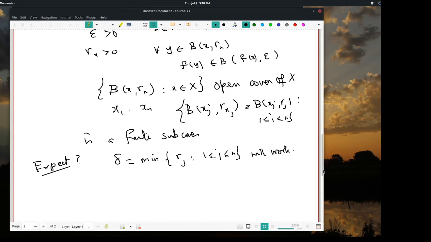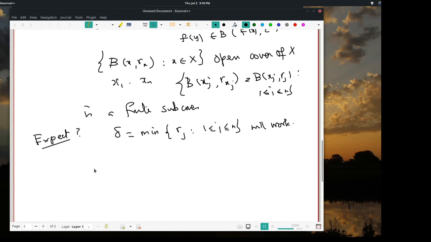This is what we wanted, but unfortunately this may not be true, because if I take x and y so that the distance between x and y is less than delta, how will I argue? I know there exists a j, let us say there is an i, so that x belongs to B(xi, ri), and similarly y belongs to B(xj, rj).